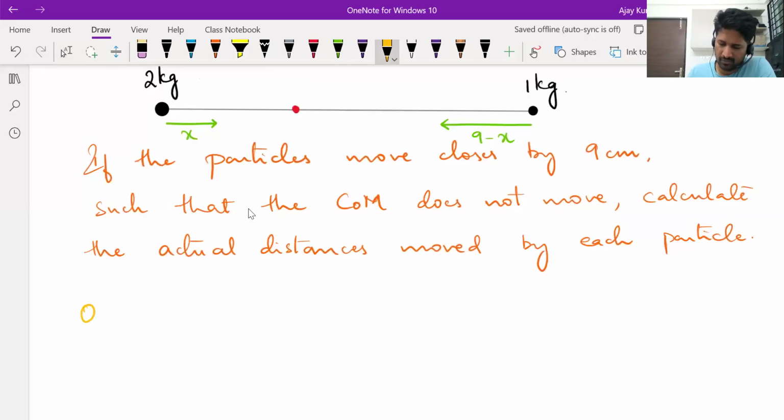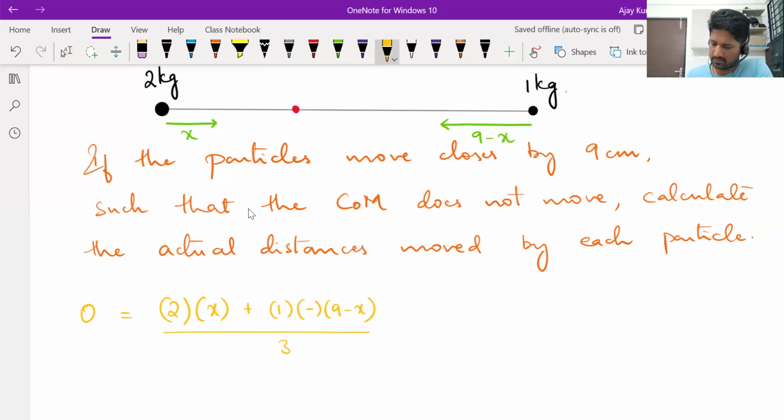Okay, we have an equation. Displacement of center of mass is equal to m1 s1 plus m2 s2, divided by m1 plus m2. The first mass is 2 kg, the second mass is 1 kg. Its displacement, if you write as a vector, displacement is a vector quantity, you can't change its nature. Magnitude is 9 minus x, but it is to the left. So you should take minus of 9 minus x.